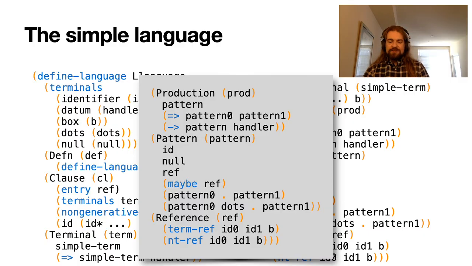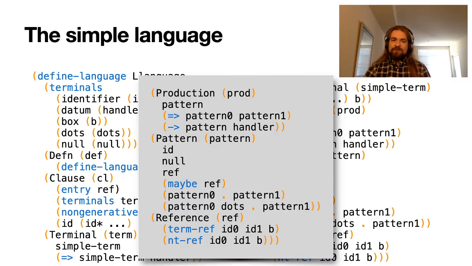As I said, this is in here so that we can match sort of the quoted null without having to specify it in the syntax here where it's not really allowed. We're going to have references. References are going to be references to either terminals or non-terminals. Maybe ref, which is an optional reference to a terminal or non-terminal. We have our pair pattern, pattern.pattern, and we have our dotted pattern, pattern 0 dots dot pattern 1.